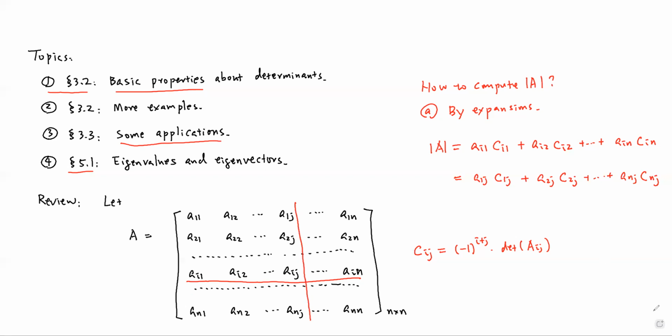Review number 2: we can compute a determinant by reducing it to an echelon form. Echelon form is an upper triangular form.